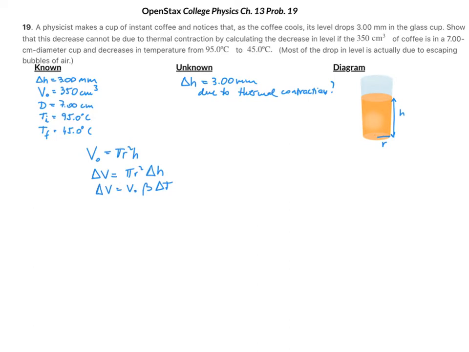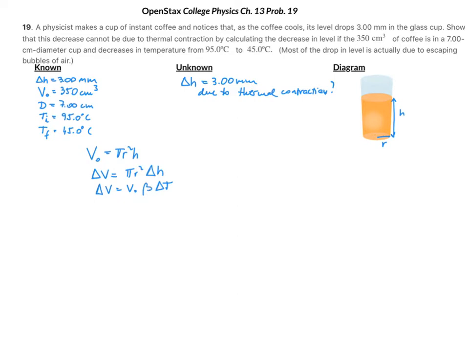Here we have to stop and think a little bit. It is not just the volume of the coffee that's changing, it's the volume of the glass that's changing as well. So they both start out with the same initial volume, but they undergo thermal expansion or thermal contraction at different rates based on their coefficient of volume expansion.